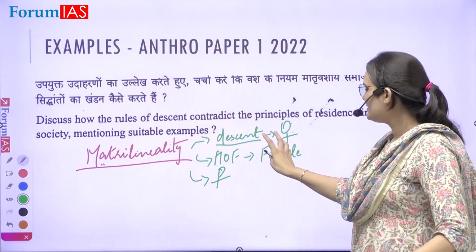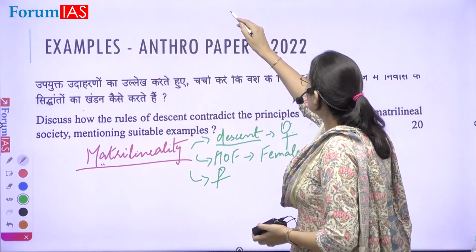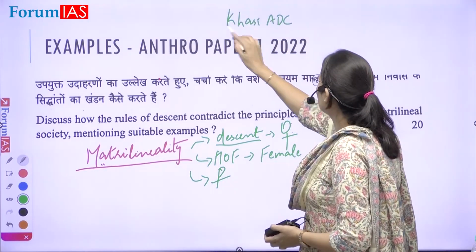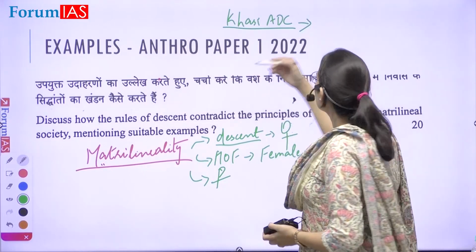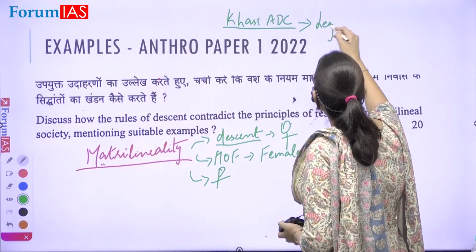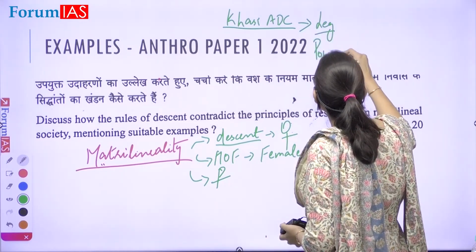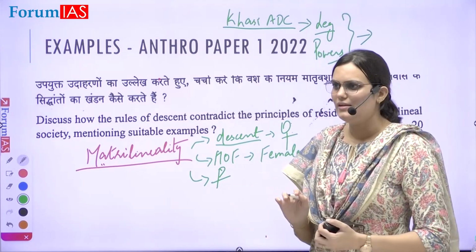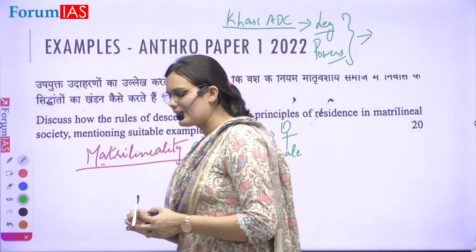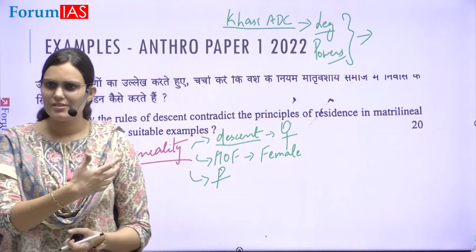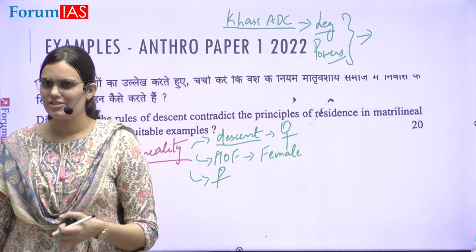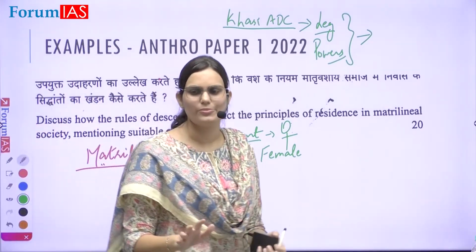Now, what was the bill? If I talk about the Khasi ADC, it's an autonomous district council which has legislative powers. So what did they do in this bill? The issue was that, generally, because of matrilineal rules of descent, the youngest daughter used to get the share of ancestral property.